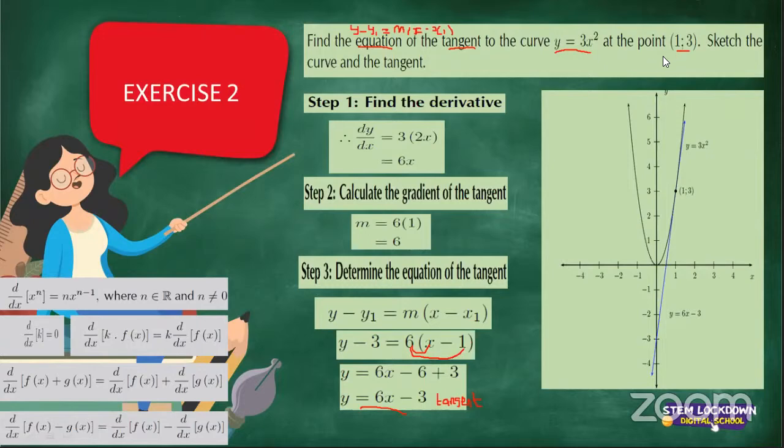Because if you try a different point, let's say (-1, -3), you will see that your gradient will be different. So it will be along this side. Can you see that? Yes. Thank you. You're welcome.